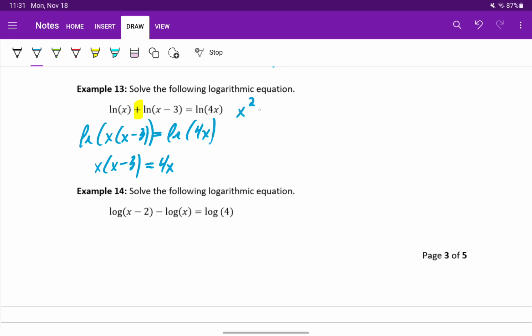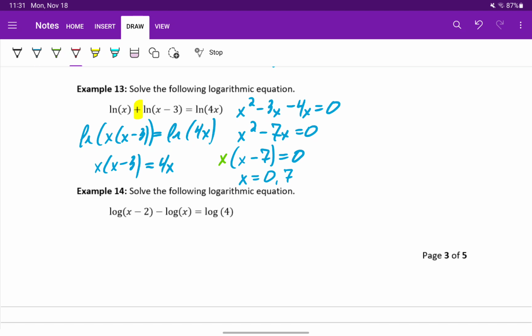This will become x squared minus 3x, and then we can subtract 4x from the other side to set this equal to 0. That will leave us with x squared minus 7x is equal to 0. And then we can factor out the greatest common factor of x to get x times x minus 7 is equal to 0. This gives us two solutions, x equals 0 and positive 7.